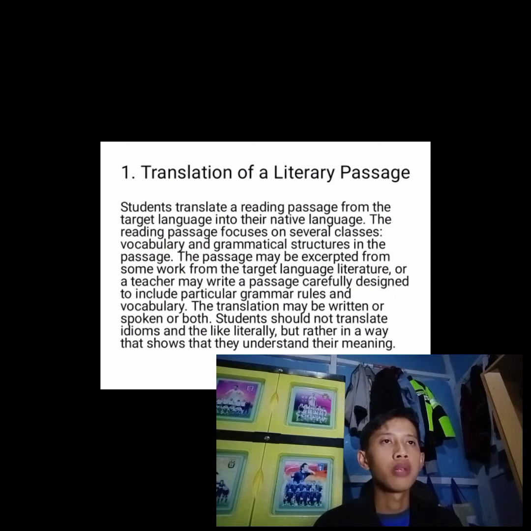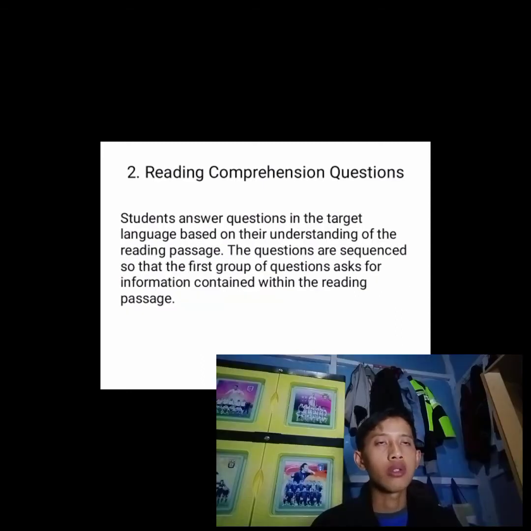The passage may be excerpted from some work from the target language literature, or a teacher may write a passage carefully designed to include particular grammar rules and vocabulary. The translation may be written or spoken or both. Students should not translate idioms and the like literally, but rather in a way that shows that they understand their meaning.